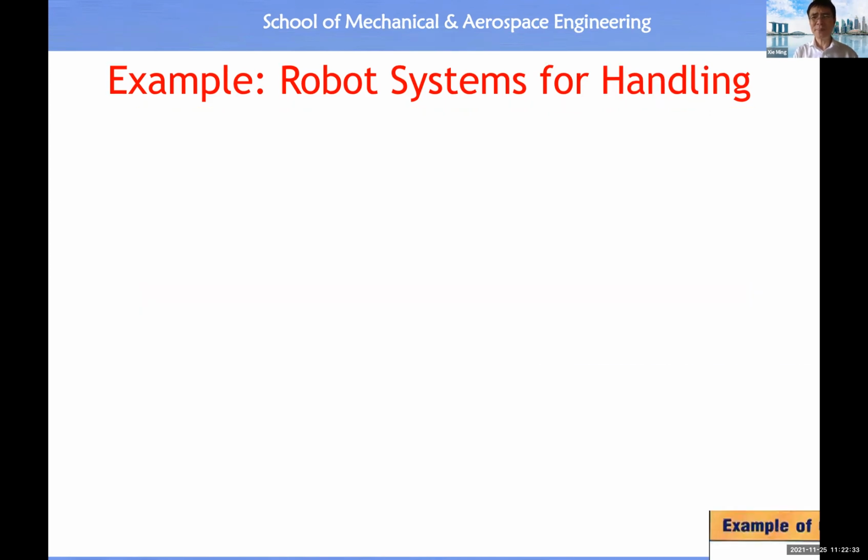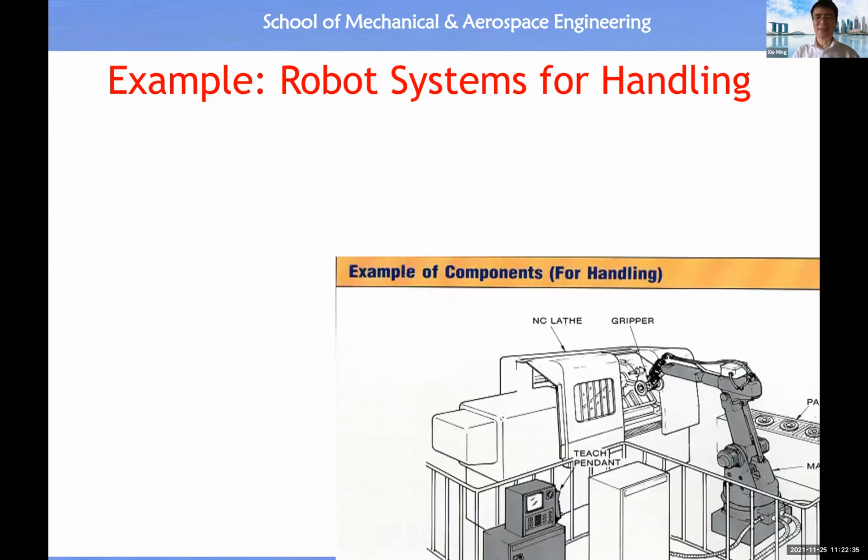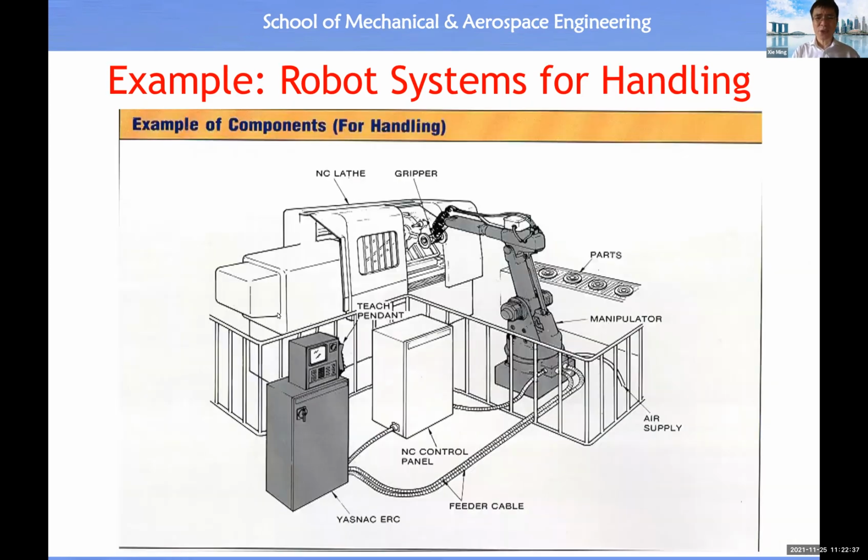All right, and this is a second example. In this case, you may have a CNC machine. Then you see you have a brain of the robot. Then you have the arm of the robot plus the tool mounted on top of it, etc. So these form a complex system.